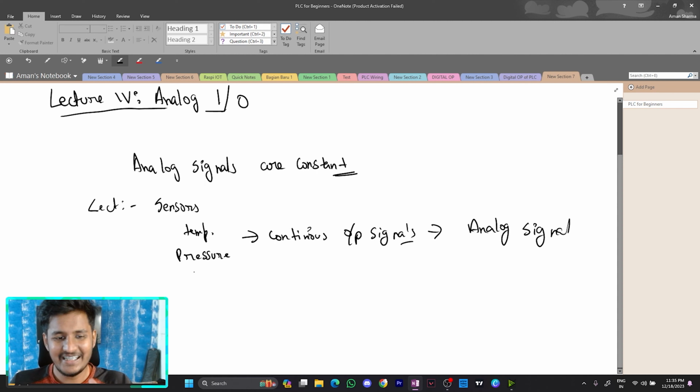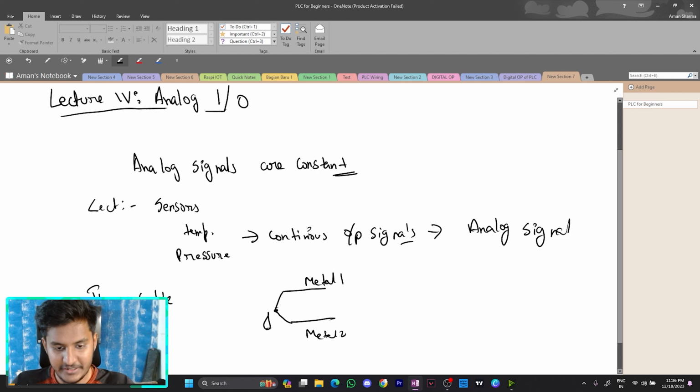To understand the concept in detail, let's take an example of a temperature sensor. Let's take the example of a thermocouple. Thermocouple is a temperature sensor. From the name, we can understand what the thermocouple is. Basically, there are two different metals, metal 1 and metal 2, and they both are joined.